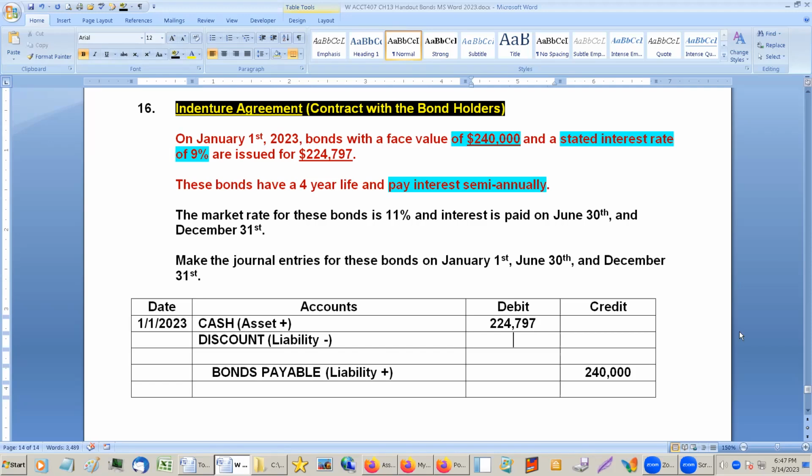They're going down, the difference between these two. $15,203.